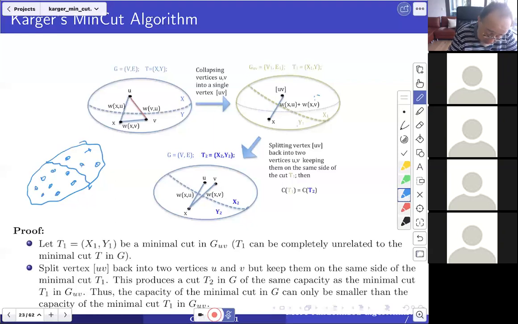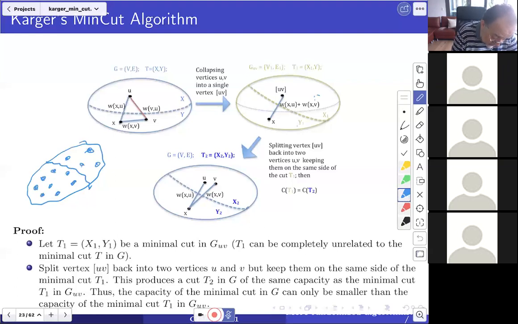Because we have shown that for every capacity in the new graph, there exists a cut of the same capacity in the original graph.